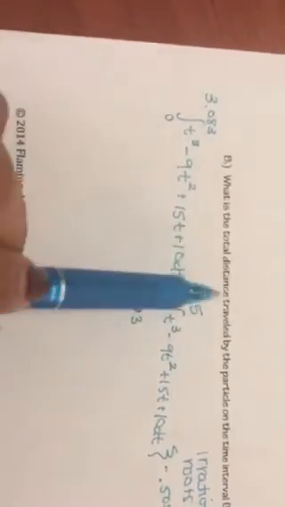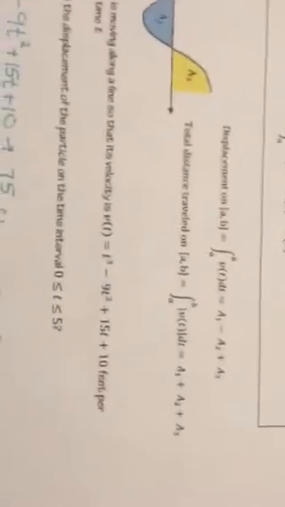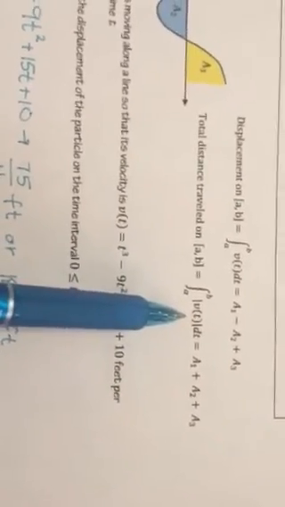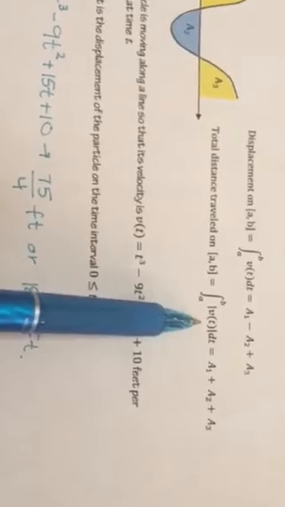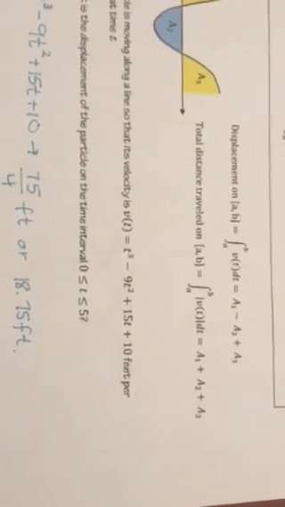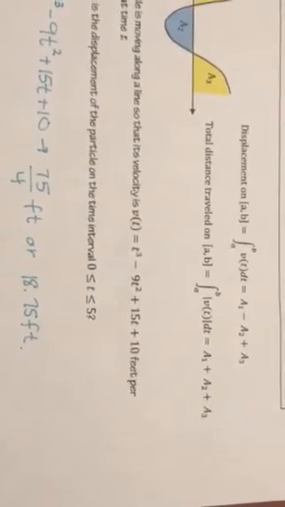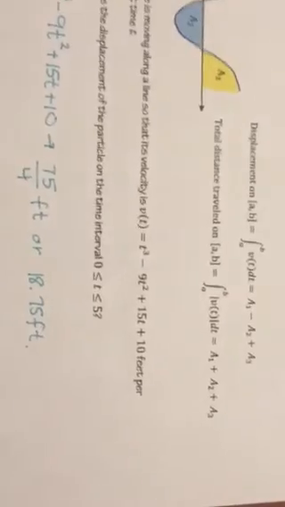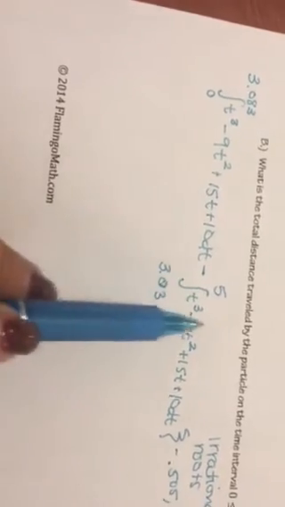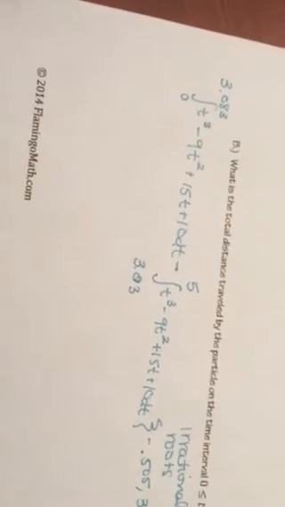And the reason that I broke it up into two intervals is because total distance is the integral of the absolute value. Well, the only way that we can do absolute value integrals is we have to find where it touches our x-axis and then find the area before that and find the area after that and combine the two. Well, the reason we're subtracting here is because this area would be below the x-axis.